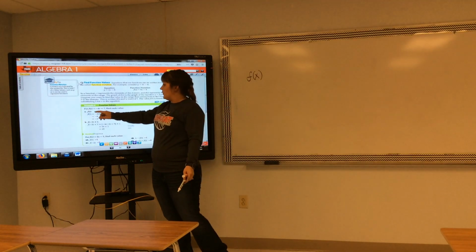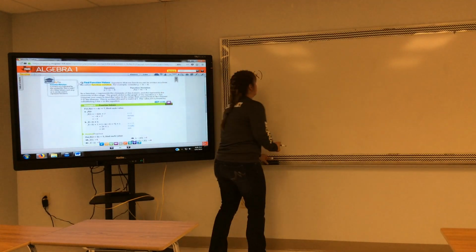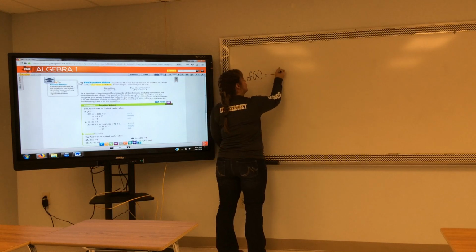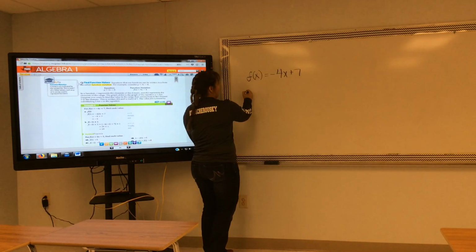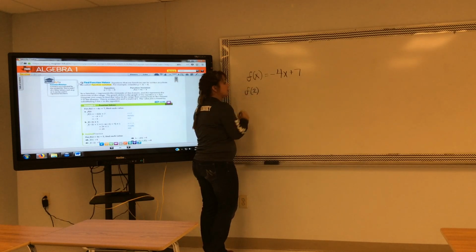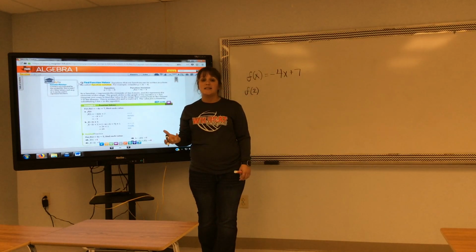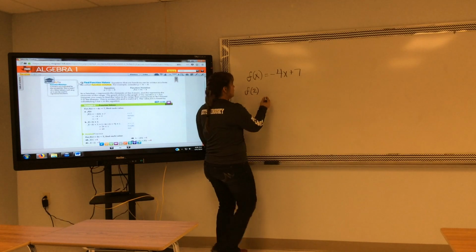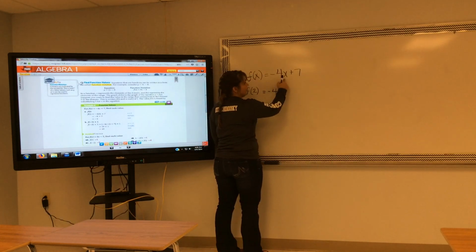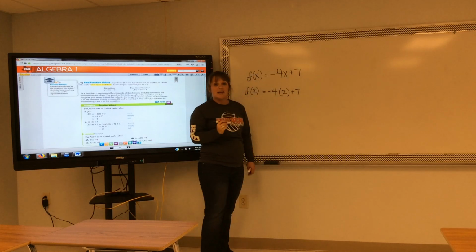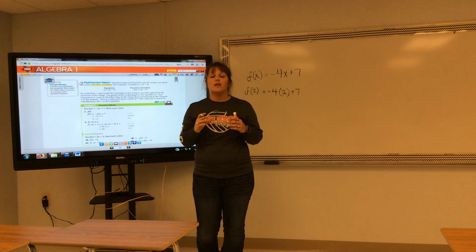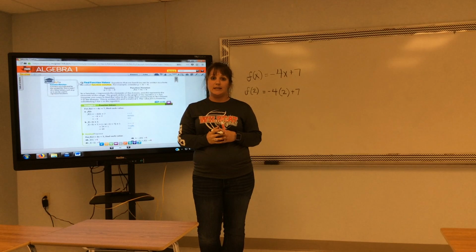If f of x is equal to -4x plus 7, and that is your original problem, when you get a problem that says what is f of 2, that just means everywhere there is an x in the problem, you need to put a 2. So you would say -4, and in place of the x, I've put a 2 plus 7. Anytime you plug a number in, you need to make sure that you plug it in inside of parentheses.